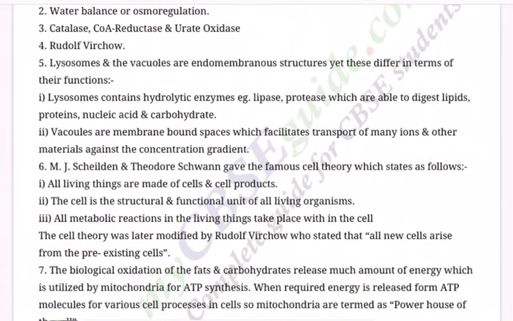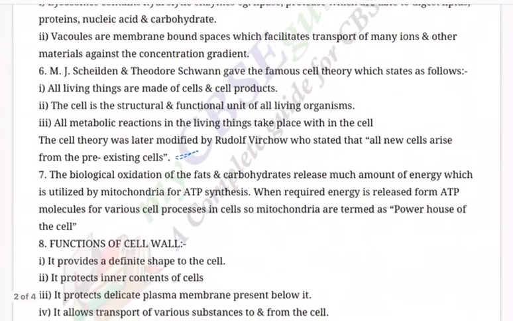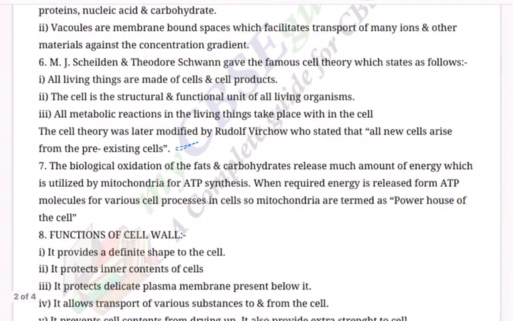Next, all metabolic reactions in the living things take place within the cell. The cell theory was later modified by Rudolf Virchow, who stated that all new cells arise from pre-existing cells. That means if any new cell is to be formed, that cell will be formed only from the pre-existing cell, wherein the pre-existing cell will undergo mitosis. That is the understanding.